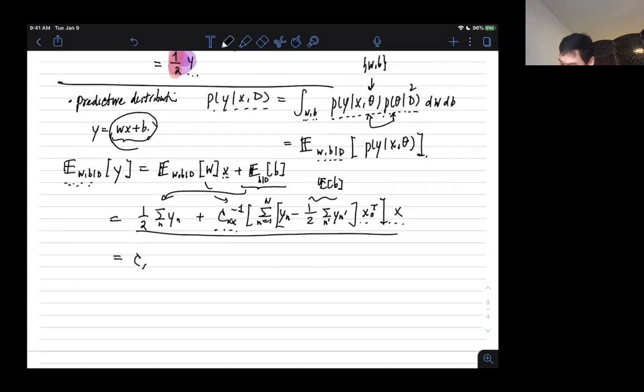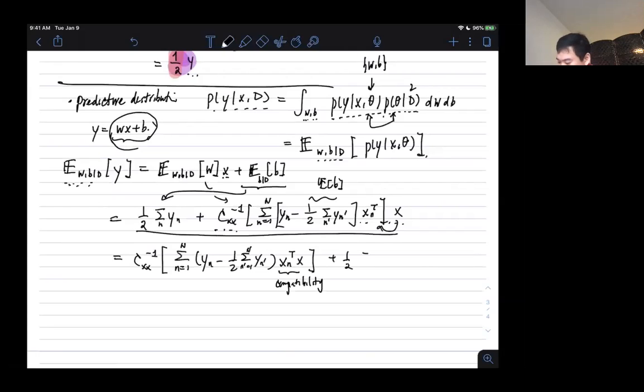Now let's rewrite it a bit. The interesting thing I wanted to show you is that the Cxx inverse, I can rewrite it in a way that allows me to write it as the sum over n' from 1 to large N of yn', and then xn' transpose x, minus the mean term, plus the mean of yn. So I just put this x inside, and then what we see is that we have some kind of compatibility here.